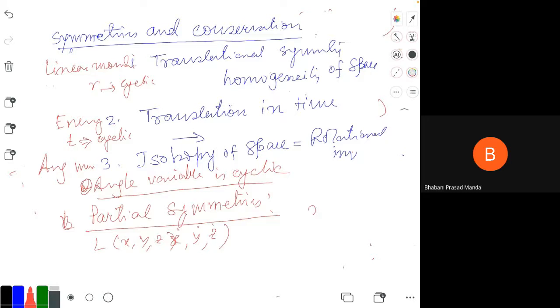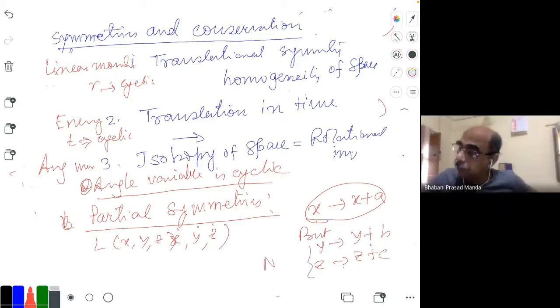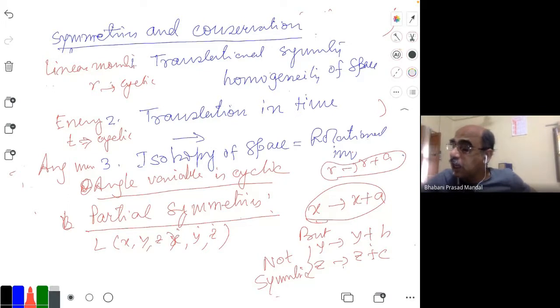Suppose there are three variables. x going to x plus a is a symmetry, but y going to y plus b or z going to z plus c are not symmetric. This is called partial symmetry. I'm not taking the full r going to r plus a. I'm only considering that for x going to x plus a the Lagrangian is invariant, but for y going to y plus b or z going to z plus c it is not.